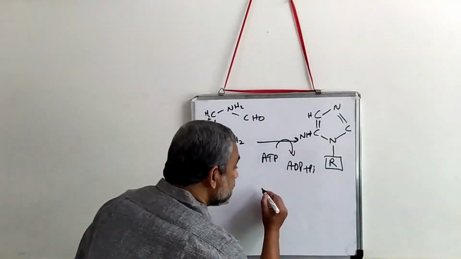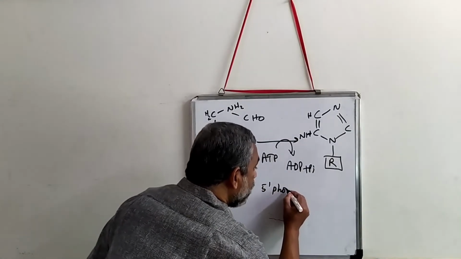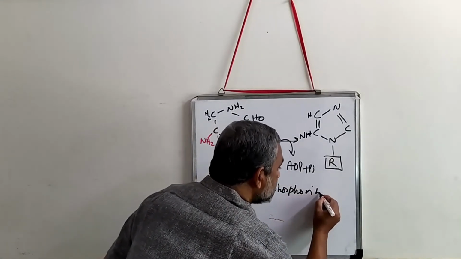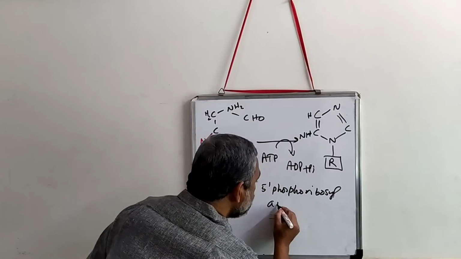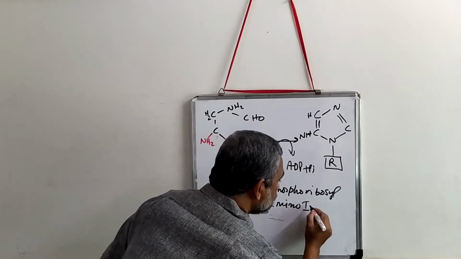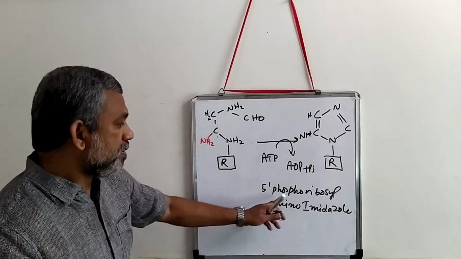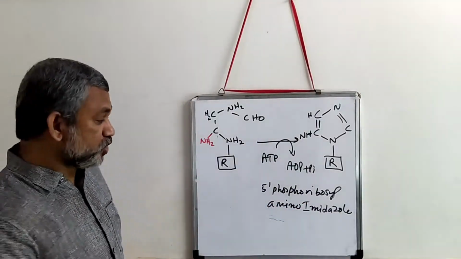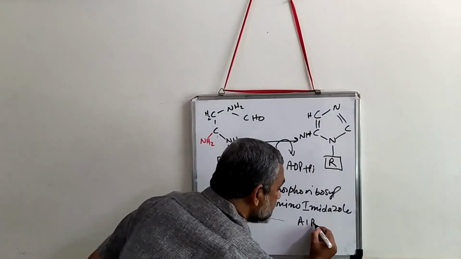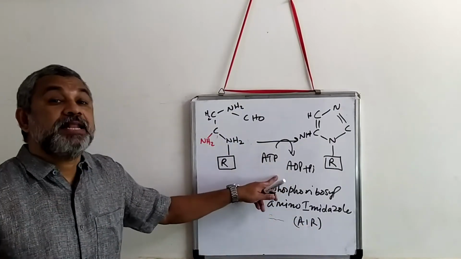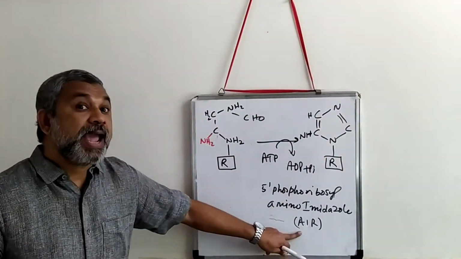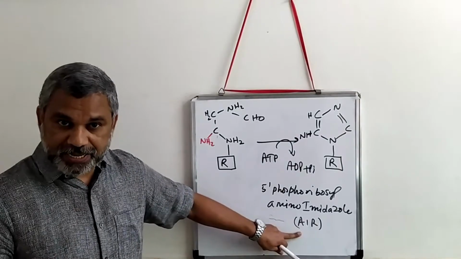This is known as 5-phosphoribosyl amino imidazole. The short form is AIR, and the name of the enzyme is AIR synthetase.